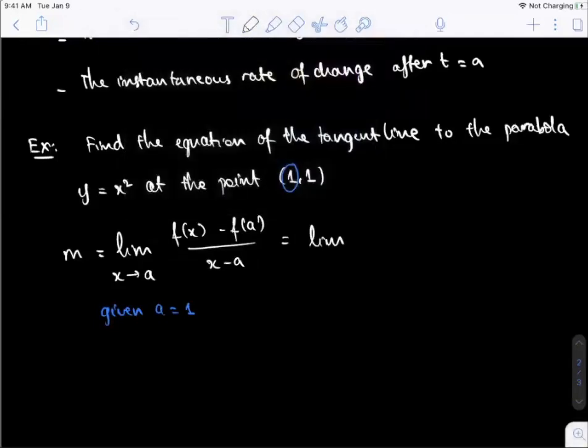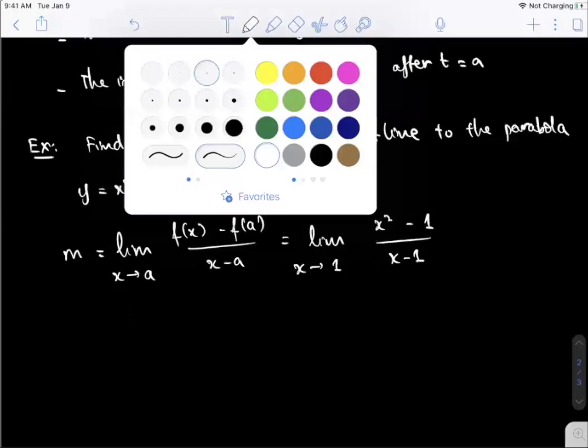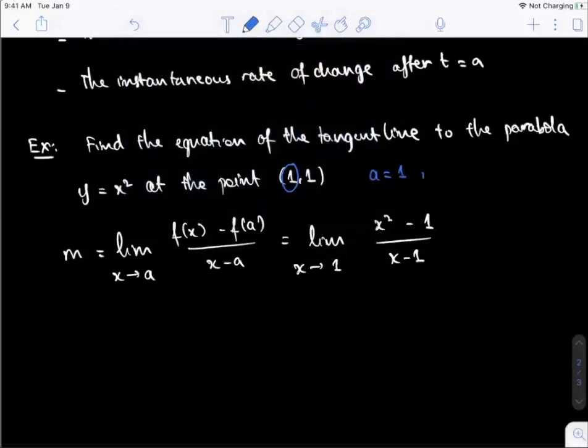So you have the limit of x squared minus f(1), which is 1, over x minus 1 as x approaches 1. So a equals 1 and f(a) is also equal to 1.